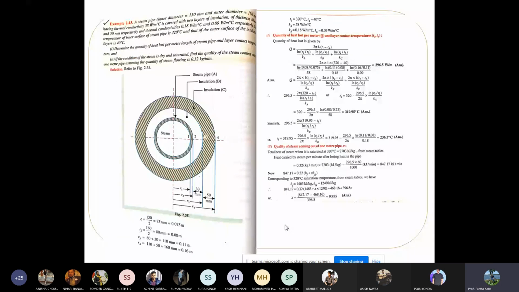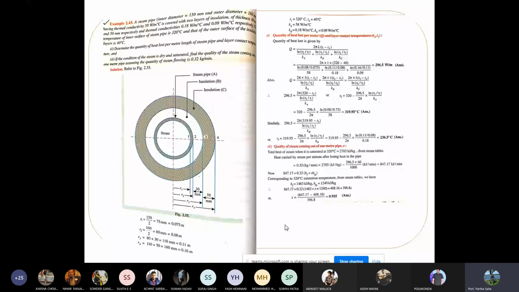One more problem. A steam pipe with inner diameter 150 mm and outer diameter 160 mm, having thermal conductivity 58 watt per meter C, is covered with two layers of insulation of thickness 30 mm and 50 mm respectively, and thermal conductivity 0.18 and 0.09 watt per meter C respectively.